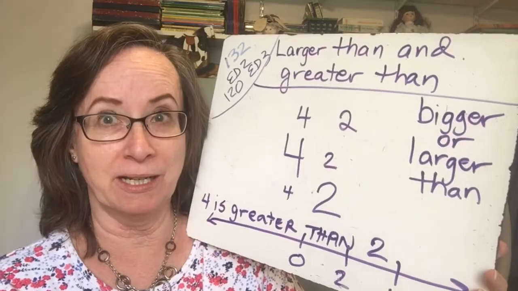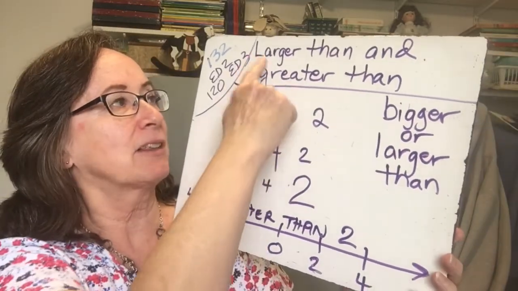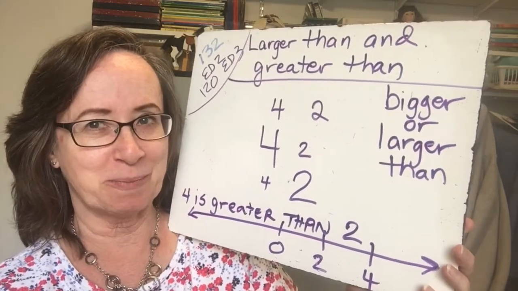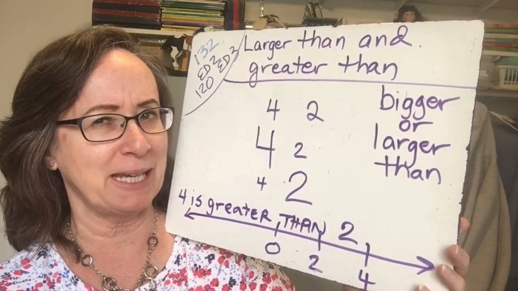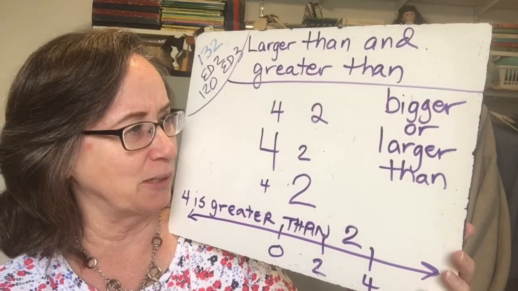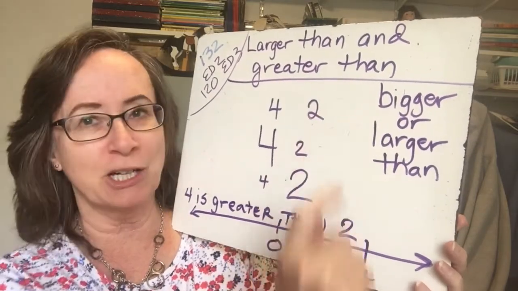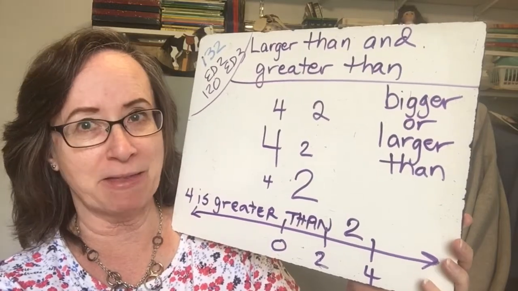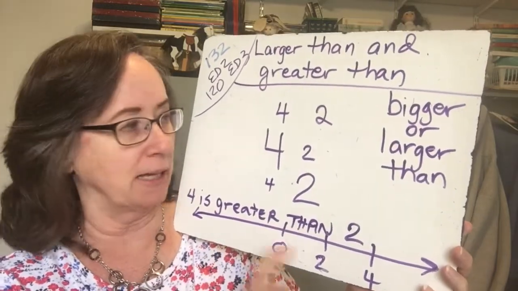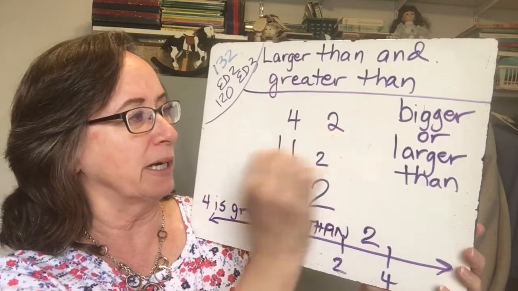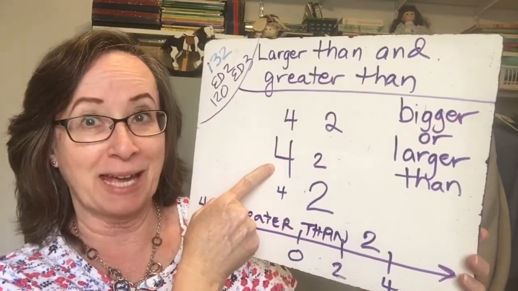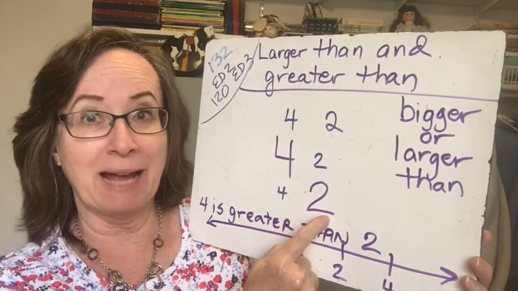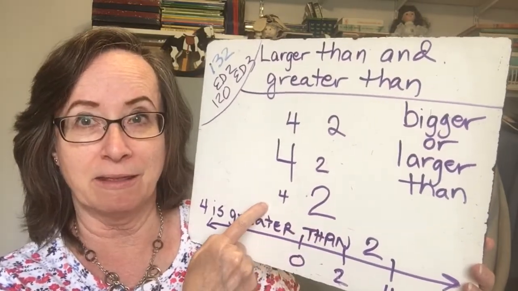The B portion of this lesson is larger than and greater than. Now, we have to be careful because words do not always mean the thing that we think they do. Bigger or larger in size is not the same as mathematically greater than. So here I have a 4 and a 2, and here I have a bigger 4 than the 2, and over here I have a bigger 2 than the 4.